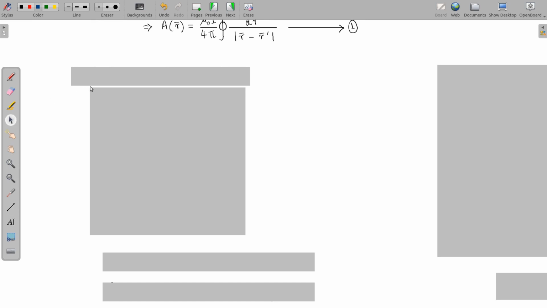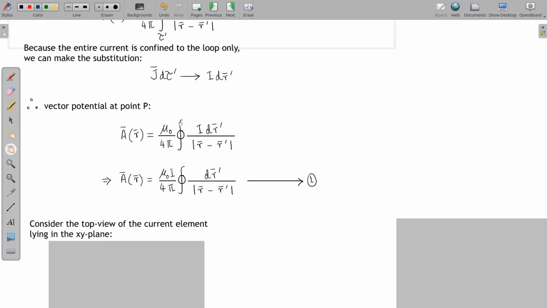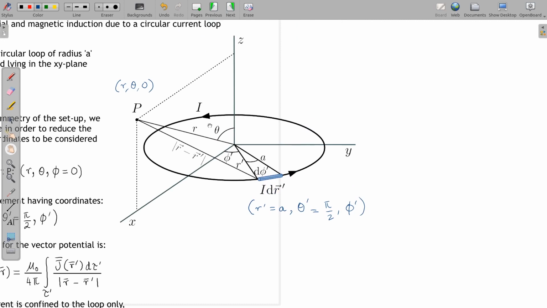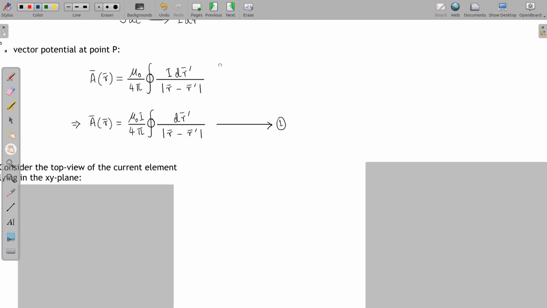So let's try the first thing. So we look at this same diagram from the top view, okay. So here we are just looking at it from a viewing angle, okay. But let's look at the same distribution from the top, that is the current loop lying in the xy plane. So if you look at it from the top, the current loop is going to look like a circle.